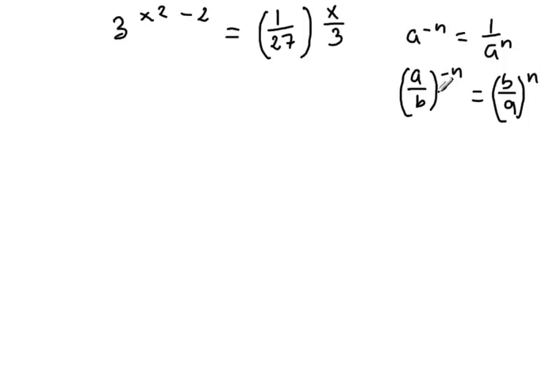So how will those two formulas help me with 1 over 27? I can see 1 over 27 as 1 over 3 cubed. And in the process, I can show that this is equal to positive 3 to negative 3.